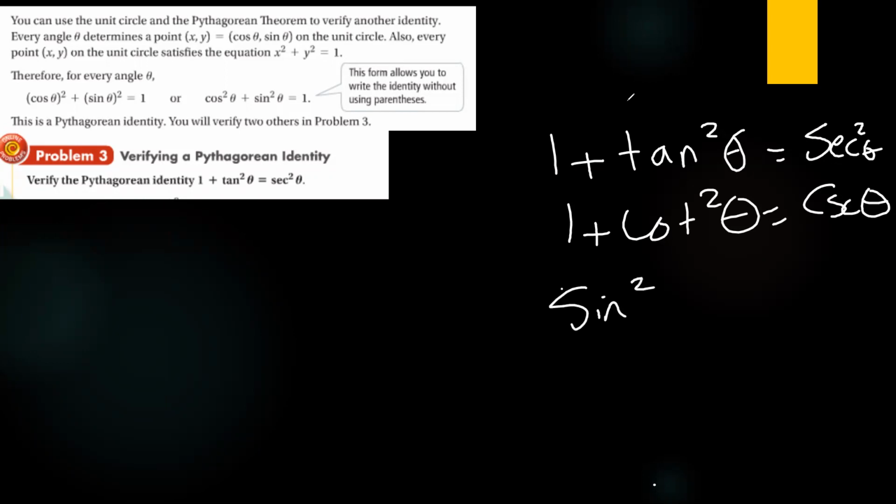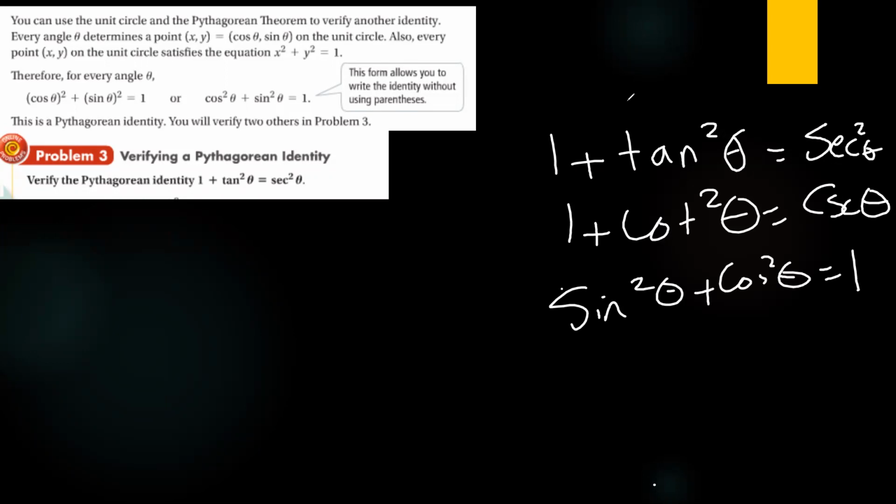The Pythagorean identities. We have 3. The first one, 1 plus tan squared is secant squared. The second one, 1 plus cotan squared is cosecant squared. And the third one, sine squared plus cosine squared is 1.